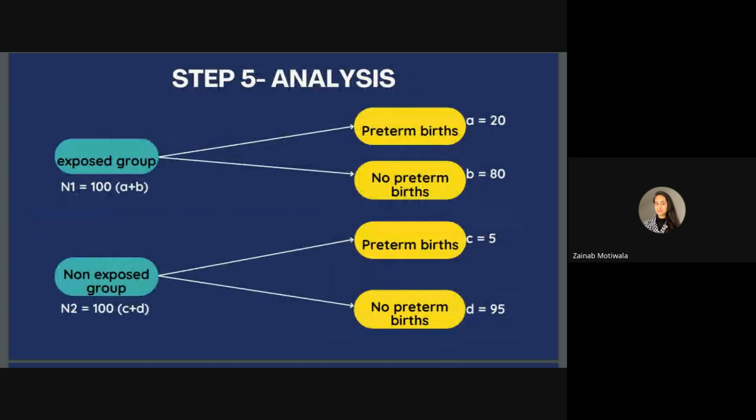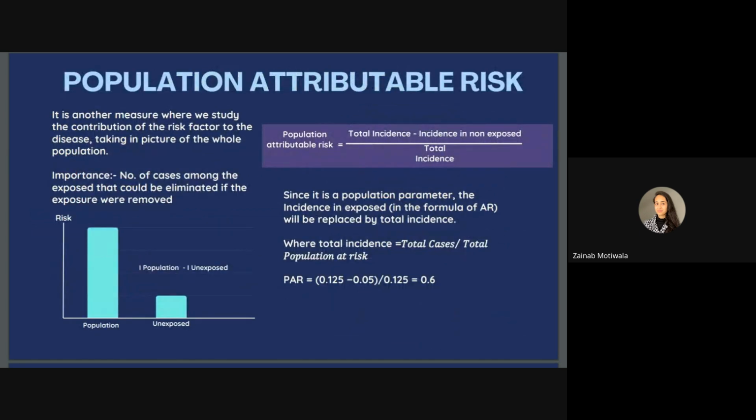Perfect. Let's talk about population attributable risk. In this particular graph, we again have an incidence graph where this is the incidence of a particular disease in the entire population, while this is the incidence in the not exposed population. So population attributable risk looks like this particular section, where the unexposed population incidence is subtracted from the total, upon the total incidence in the entire population.